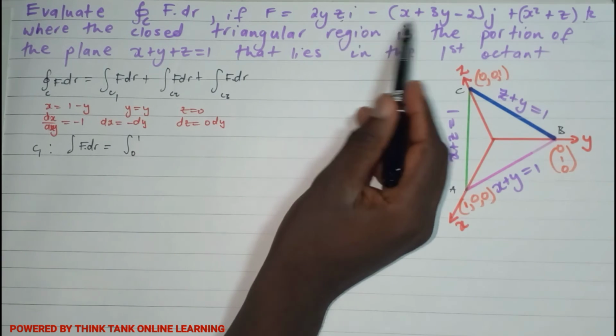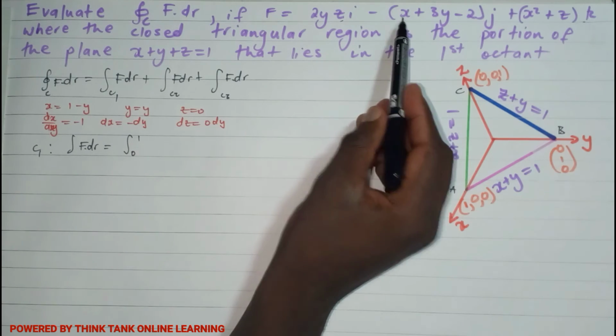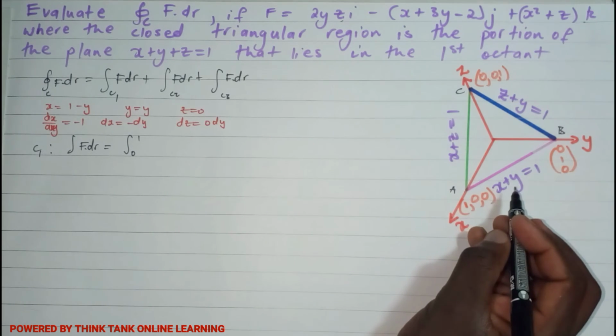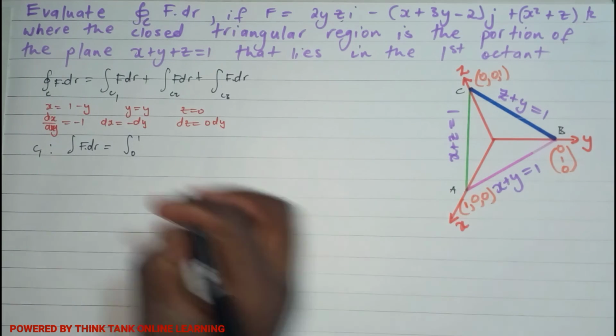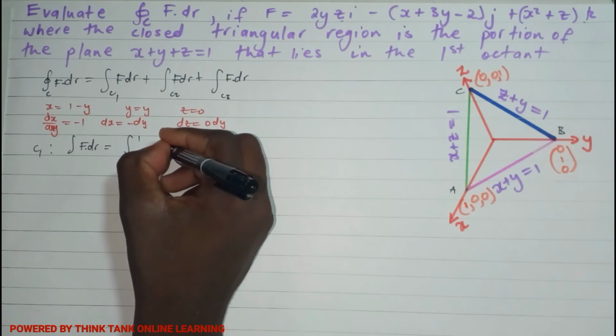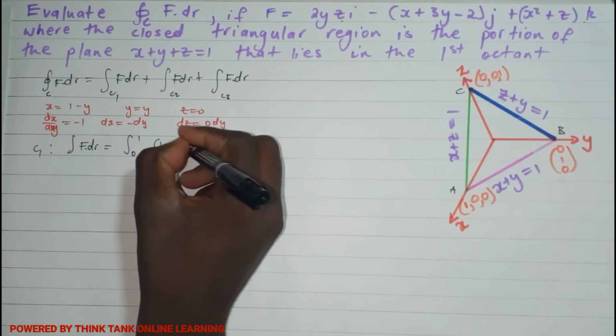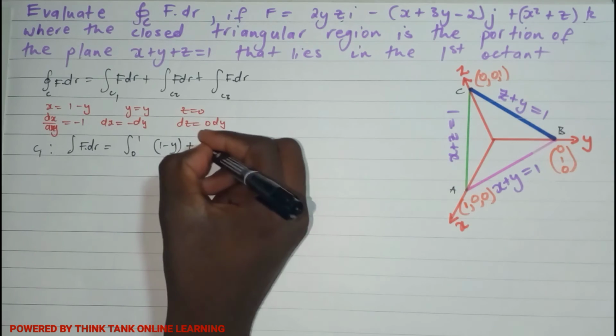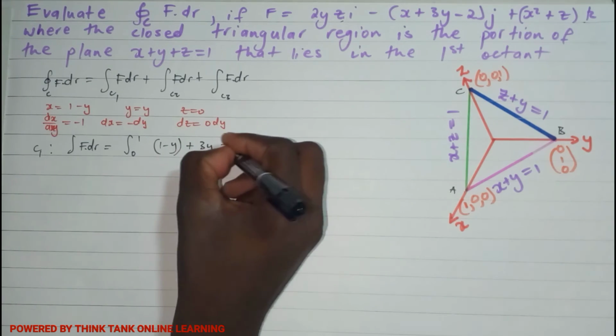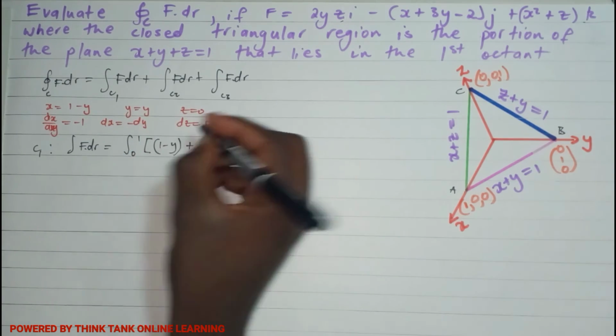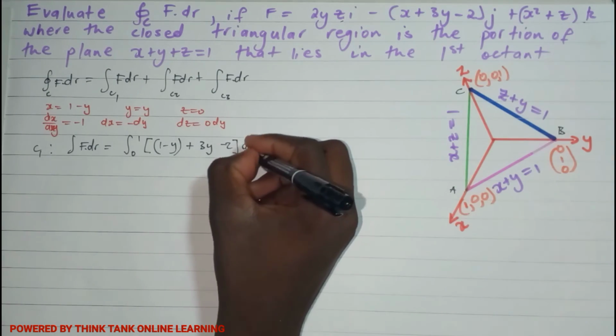This is going to be 0. What about here? Here we have x. What is the value of x? x is 1 minus y, plus 3y, minus 2, and for j is dy.